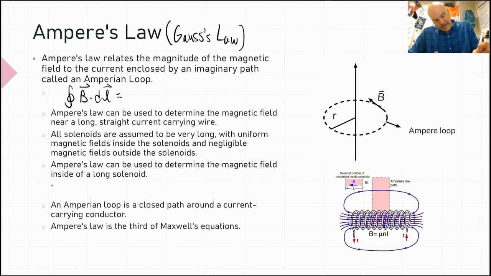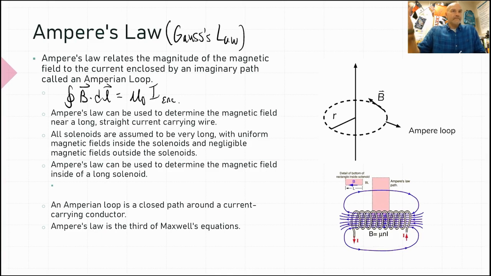For Ampere's law, we do the closed integral of B dot dl, which is going to equal mu 0 I enclosed.